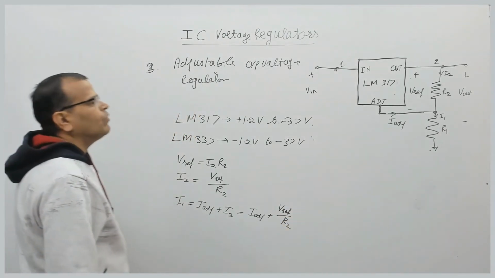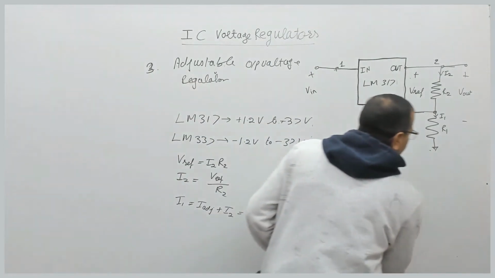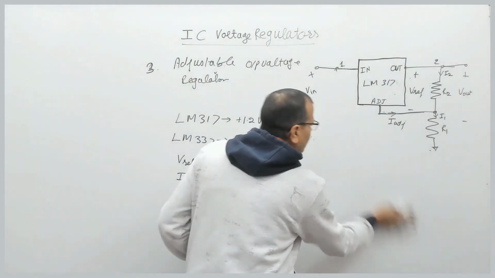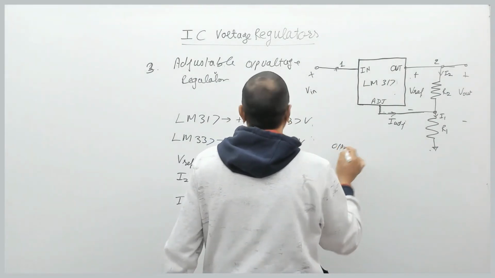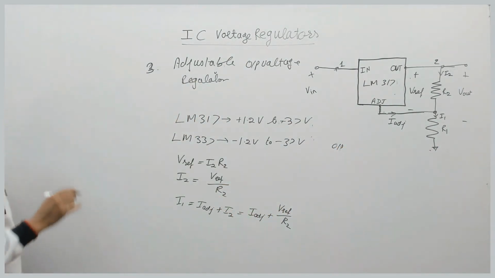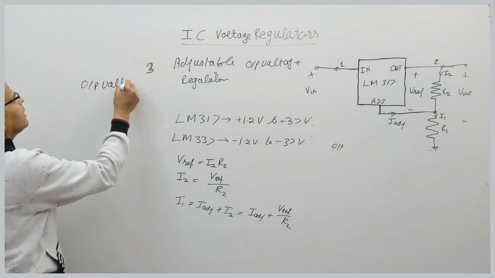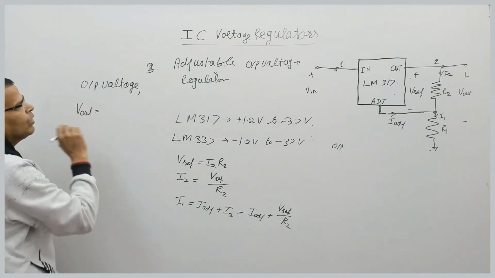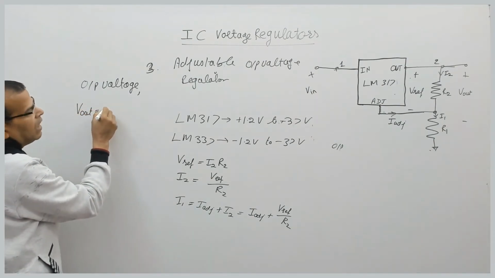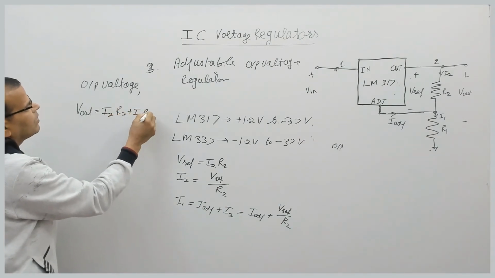Now what will be the output voltage of this circuit? Please see carefully. The output voltage, Vout, will be equal to I2 R2 plus I1 R1.